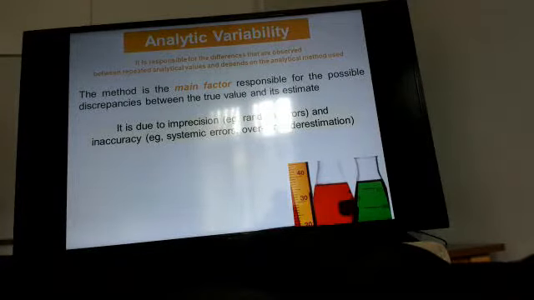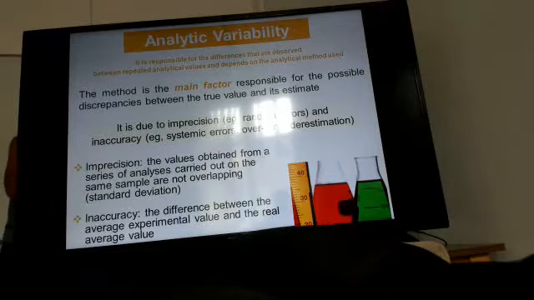It means that if I use the same machine and evaluate the same sample multiple times, the accuracy is the same because the machine and the methods are the same, the sample is the same, so the biological variability is the same, and I measure glucose 10 times and I get 10 different values. This means that I have a random error. So I have a distribution of values in the same sample, so my reading is not precise, because I have an oscillation between different values.